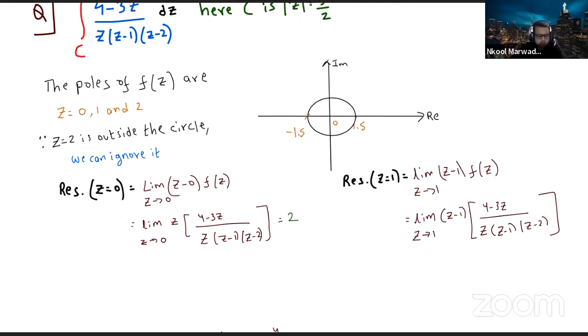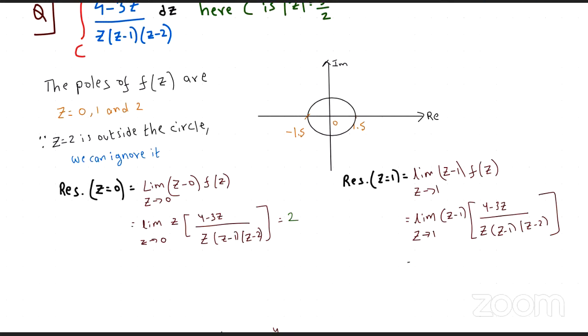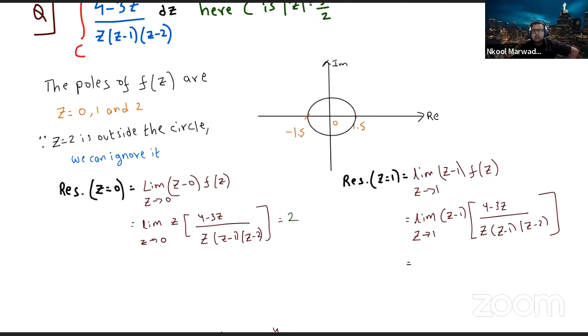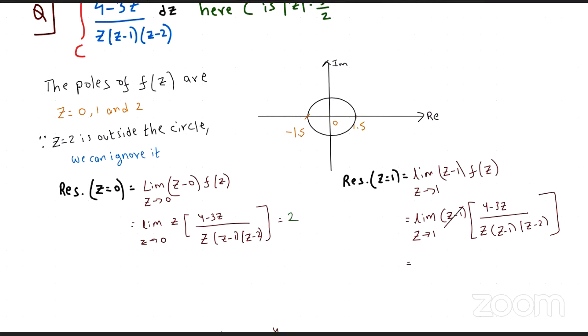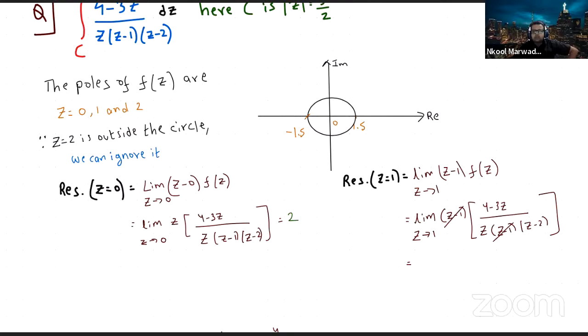How will minus 1 be here? See, z minus 1 cancels, and 4 minus 3 will be 1 only. So it will be minus 1. Okay, right, nice.